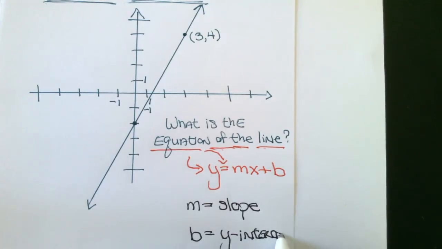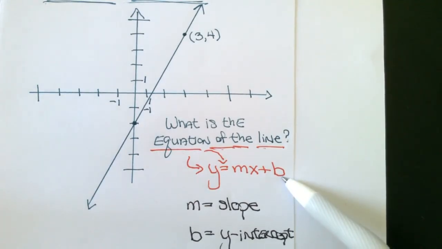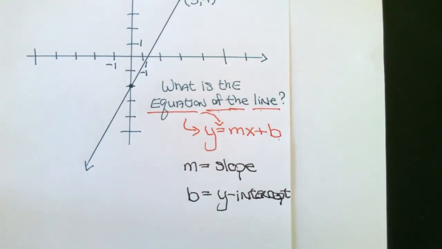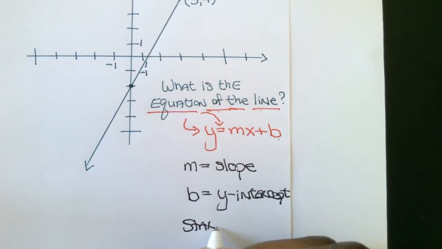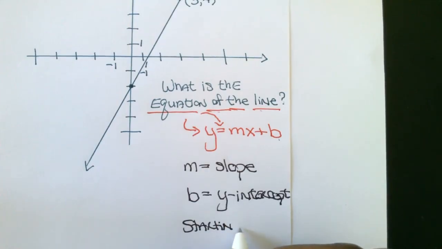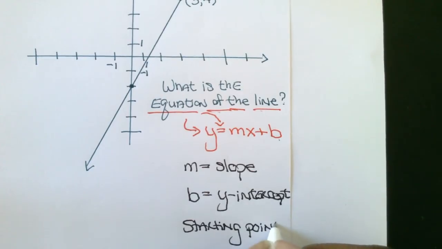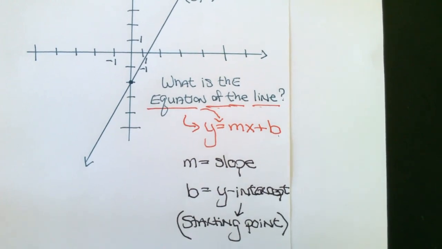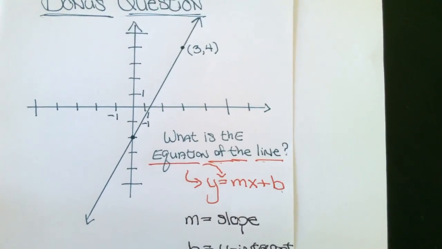Some places have it as a c, some places have it as a b. But the meaning of the y-intercept is still the same. It is your starting point. So anytime you see any kind of graphing, your y-intercept is always going to be your starting point, where you start on the y-axis.